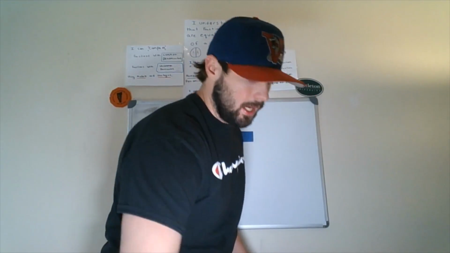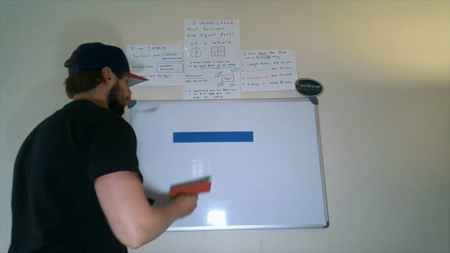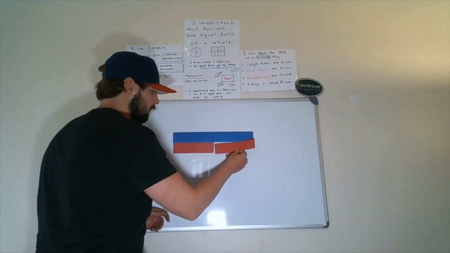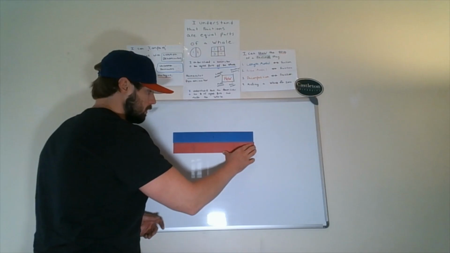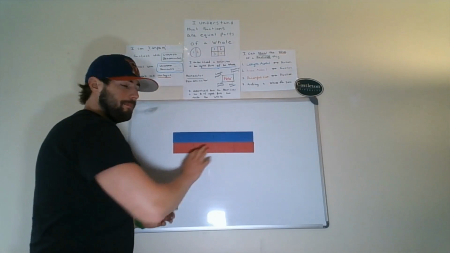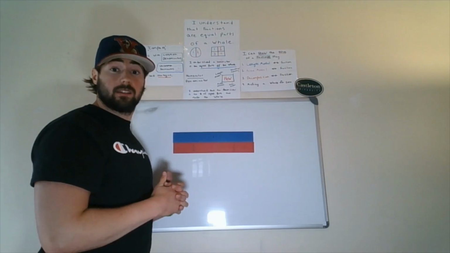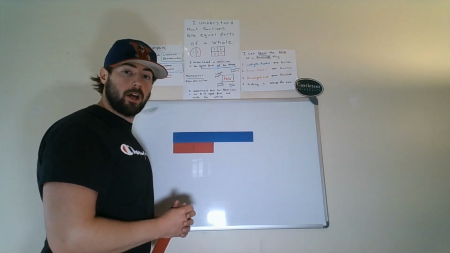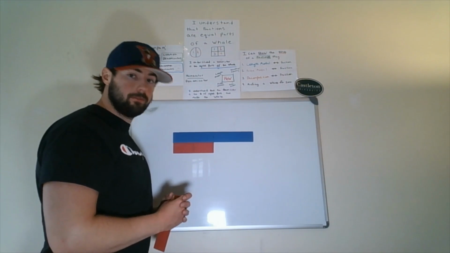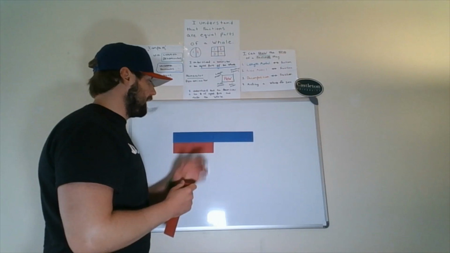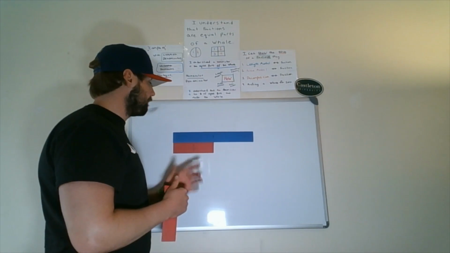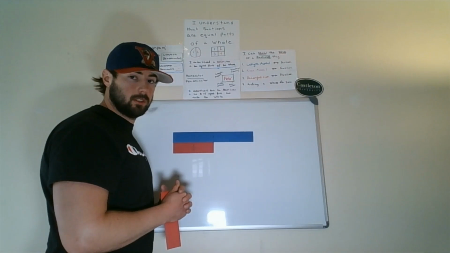We know in 1 half, it is 2 parts, 1, 2, that make that whole. But in the case of 1 half, we're only talking about 1 part of 2 that make that whole. 1 half, modeled, good to go.